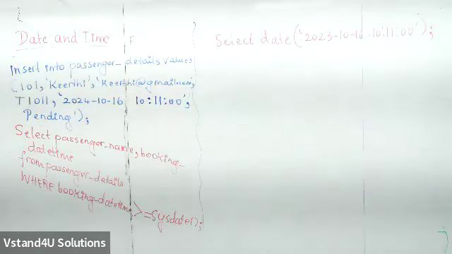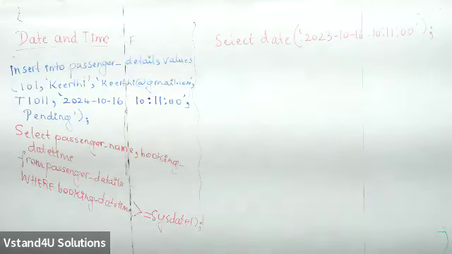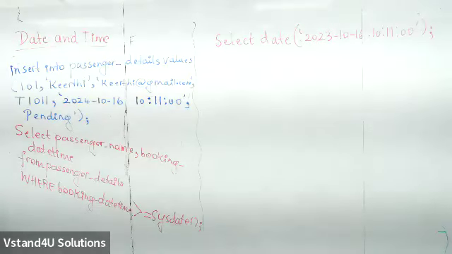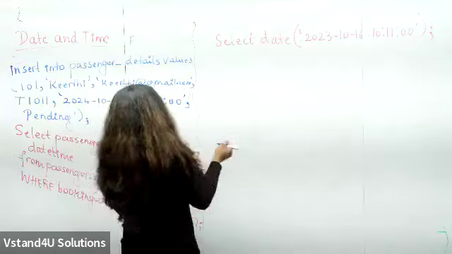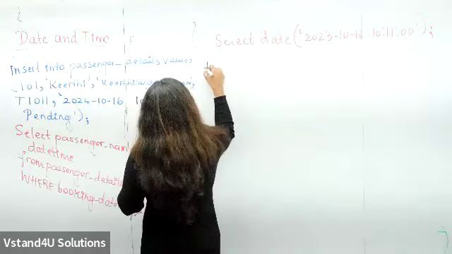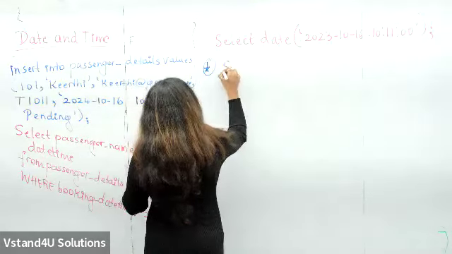How will you write the query for this? How can you extract only the date part from booking date and time?